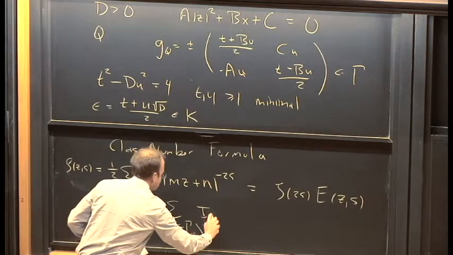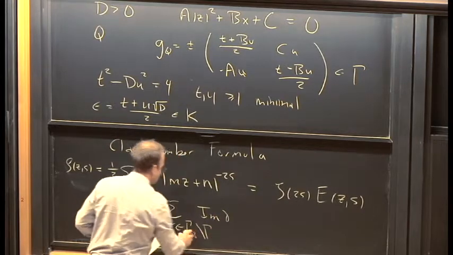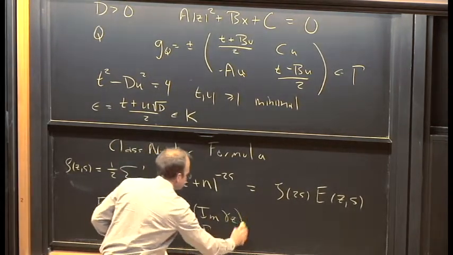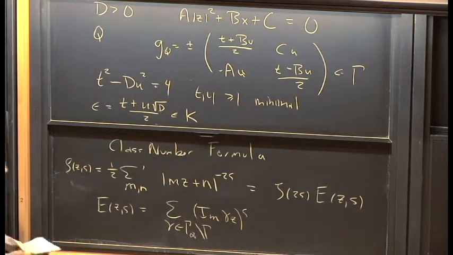So we take the imaginary part and average over cosets modulo the translations to the s power. And of course, this thing has a nice analytic continuation, functional equation, pole at 1.